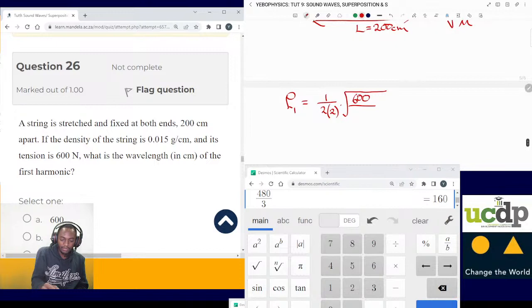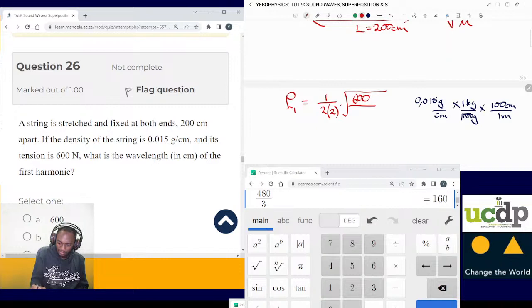So we can change that. That is 0.015 gram over centimeter. So we can multiply this by 1 kg over 1000 gram times 100 centimeters over 1 meter, so that it's in SI units.